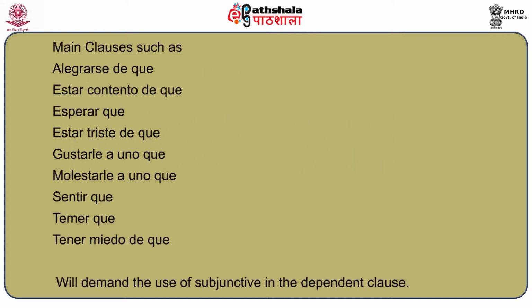Main clauses such as alegrarse de que, estar contento de, esperar que, estar triste de que, gustarle a uno que, molestarle a uno que, sentir que, temer que, tener miedo de que, all these examples will demand the use of the subjunctive in the dependent clause.